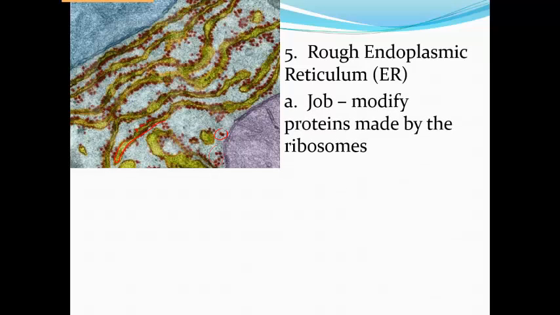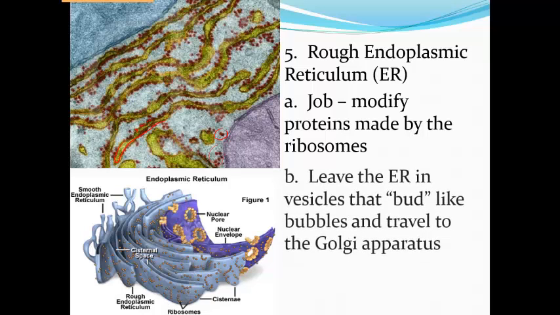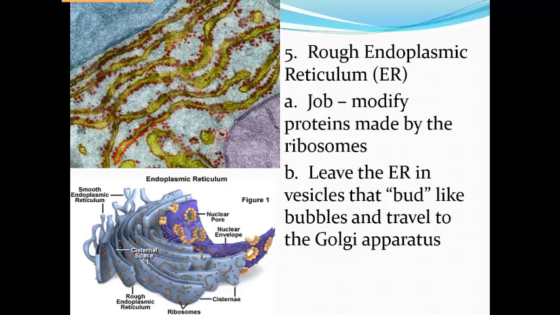Its job is to modify proteins, and modify means to change something. So the ribosomes make proteins, and the job of the rough ER is then to take that protein that's been made and make modifications to it. Once the modifications are done, the rough ER is going to create vesicles.